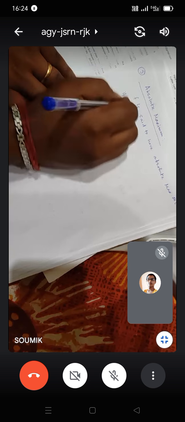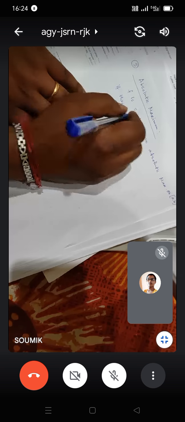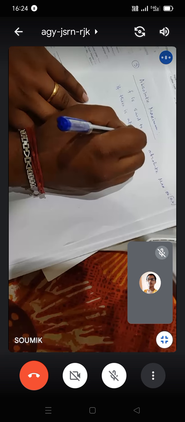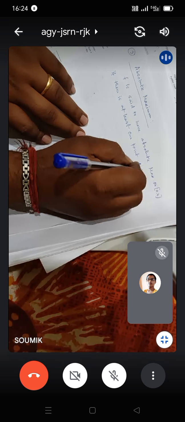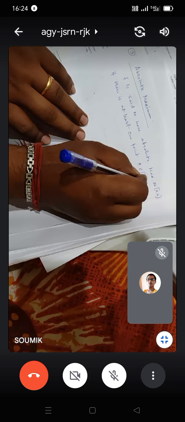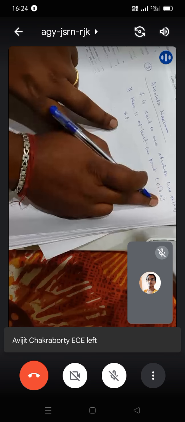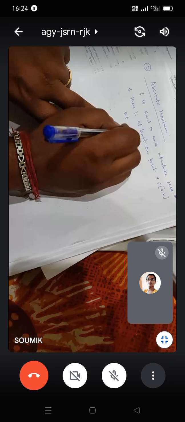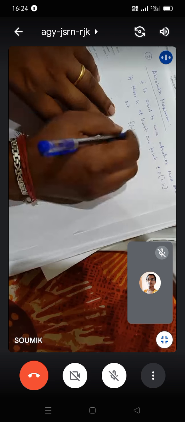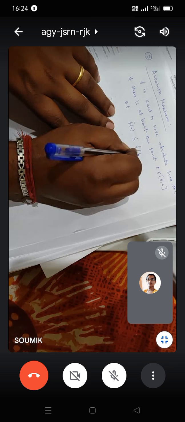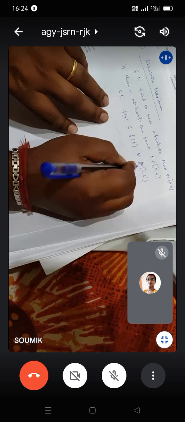if there is at least one point c belongs to closed interval AB such that f(x) is less than or equal to f(c) for all x belongs to AB.